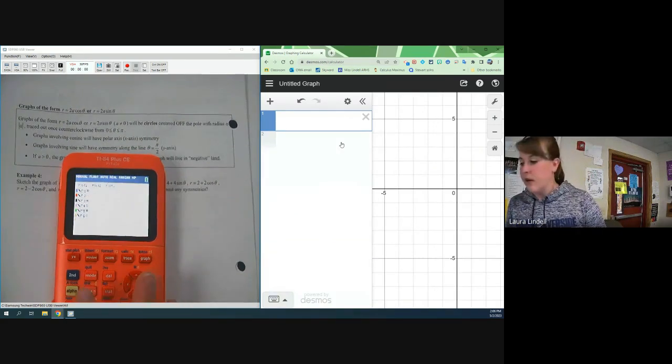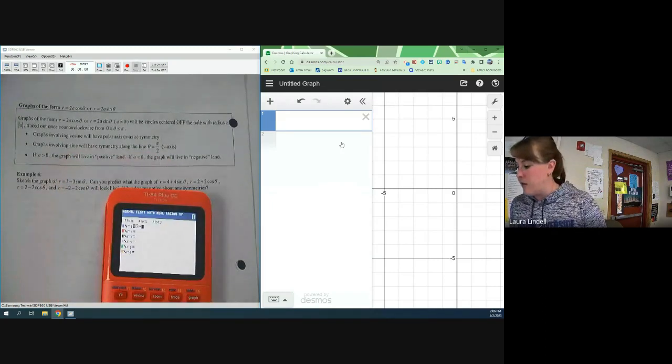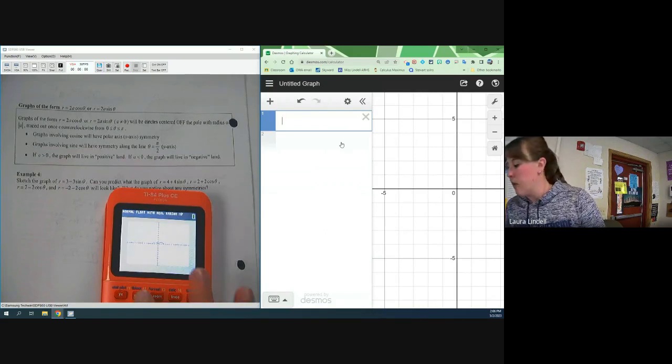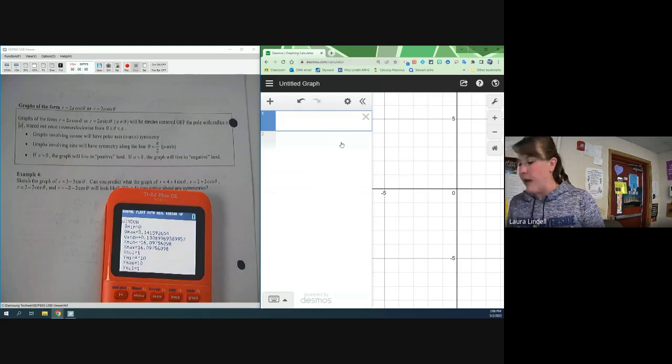So with this next one, if I do 3 minus 3 sine theta, and then I hit graph, oops, my window is too small. I went 0 to pi. For these, you're going to have to go 0 to 2 pi.